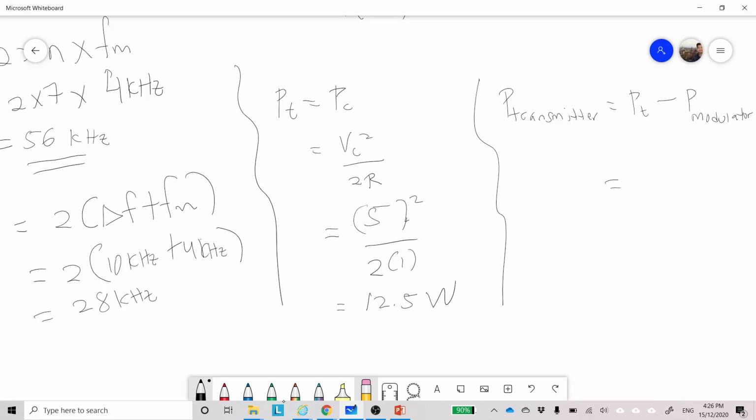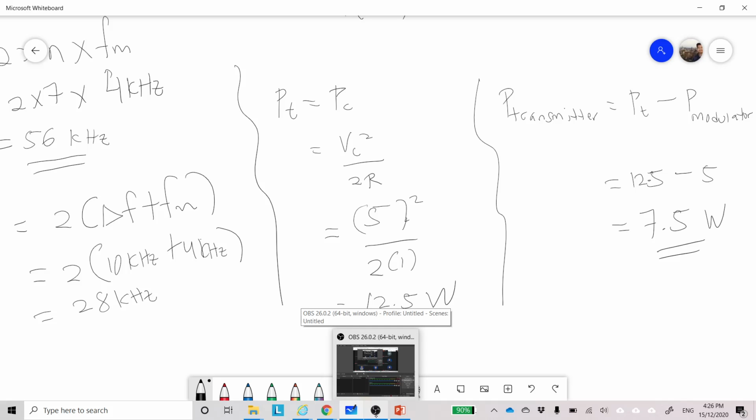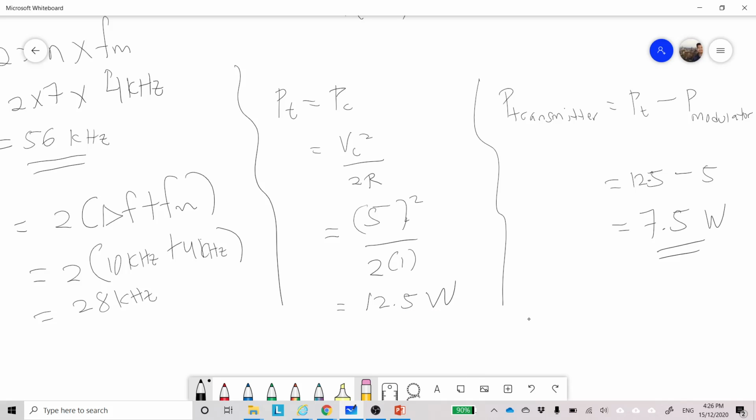Okay, so here P total is 12.5. Okay, 12.5 minus 5 watt, so you're gonna get 7.5 watt. Okay, so this is the average power at the transmitter.